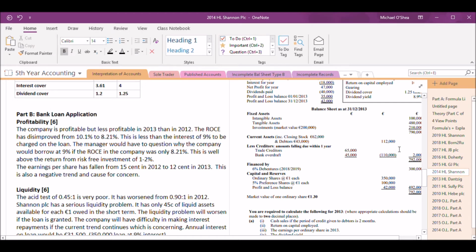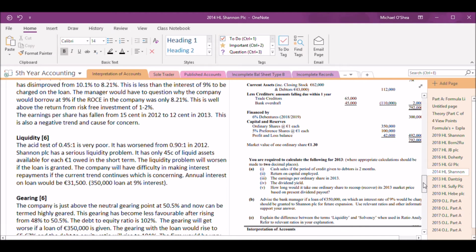So they've only 50,000 to play with here in terms of money that will be coming in from debtors and cash and things like that, or investment income due. And the money that they have to pay out is 110 grand. So again, in the short term, they're going to struggle for cash.